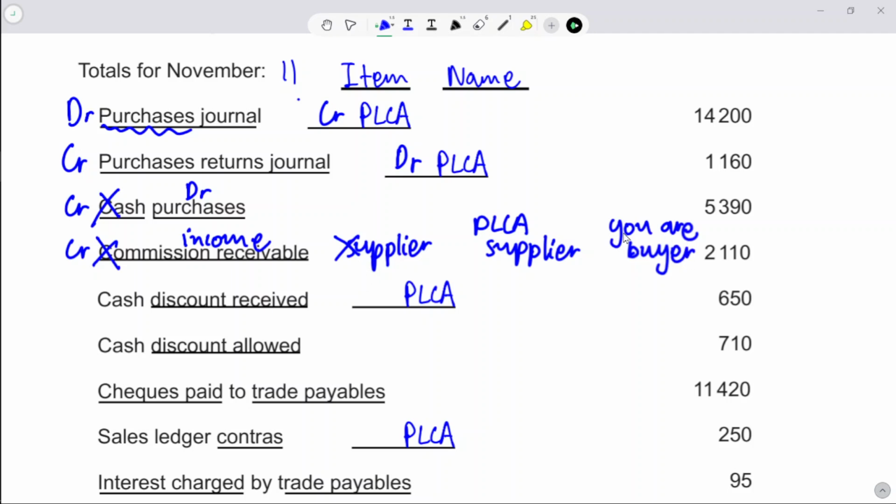As a buyer you receive discount. So discount allowed, you don't include. Then discount received is an income. So credit, this one will be debit.